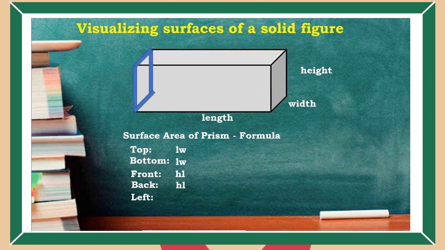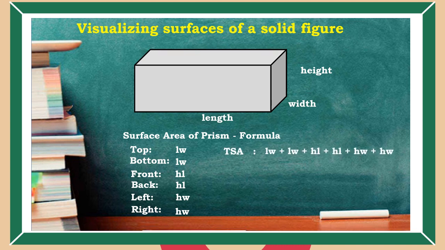Next face is the left face. The formula for this is height times width. Then the last face is the right face. Just like the left face, the formula is height times width.